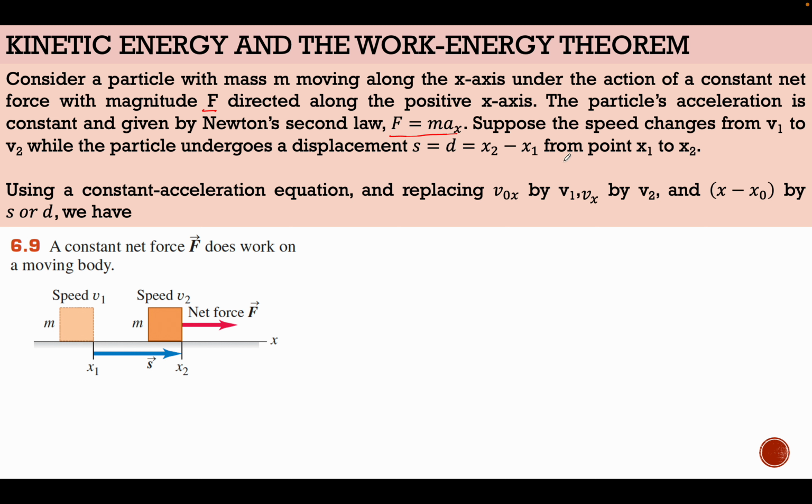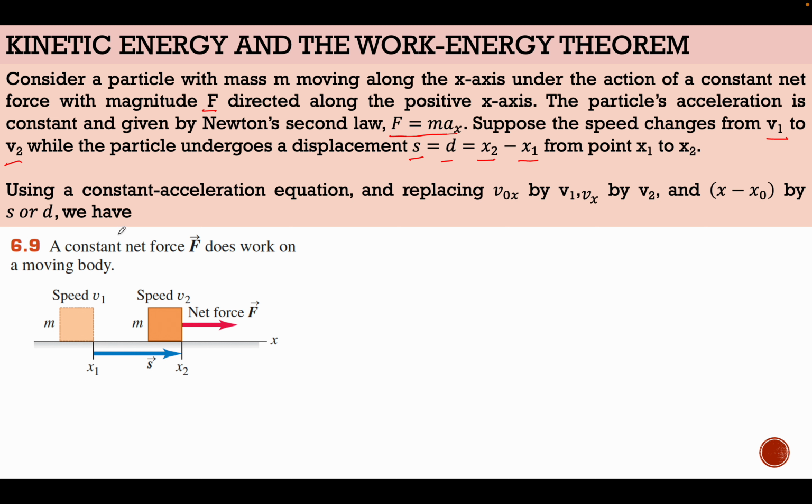Suppose the speed changes from v sub 1, the initial speed, to v sub 2, the final speed, while the particle undergoes a displacement d, which is the final position minus the initial position, from point x sub 1 to x sub 2.